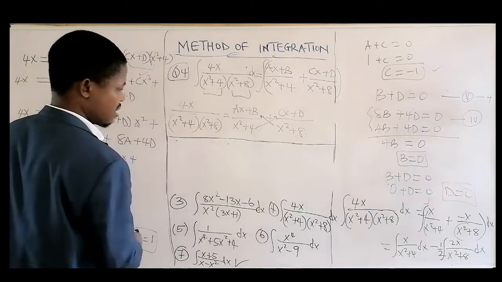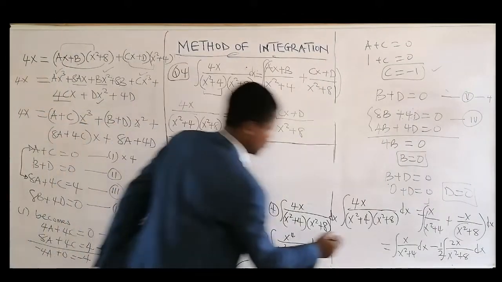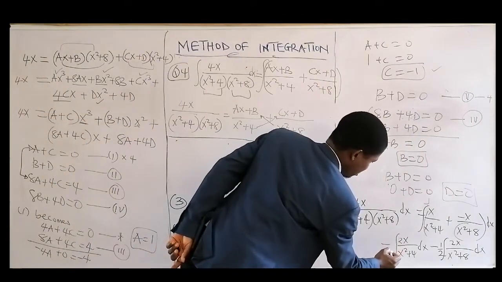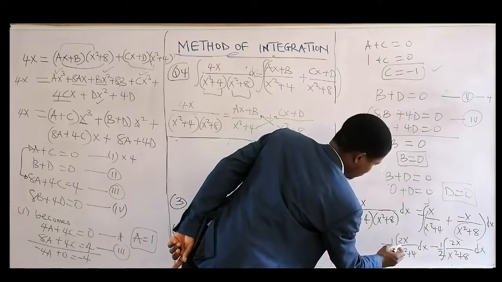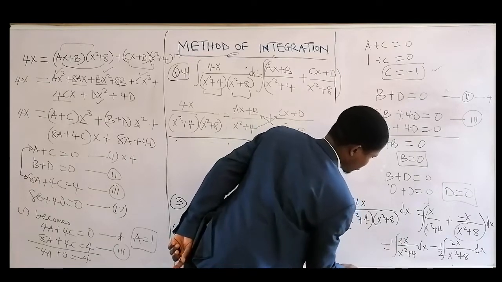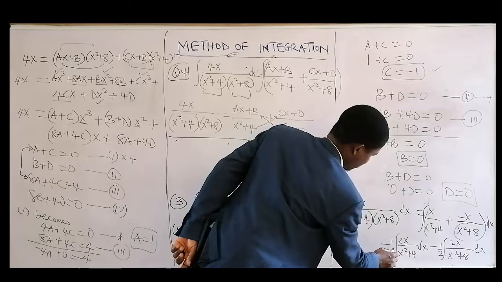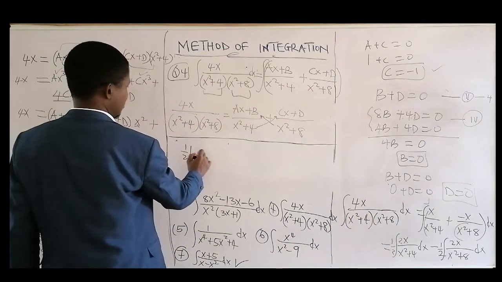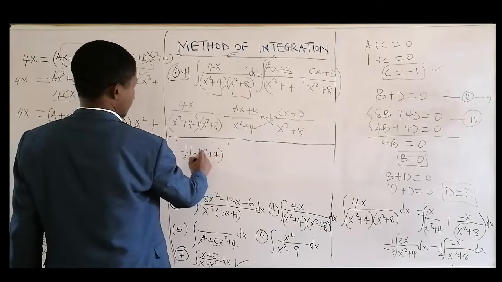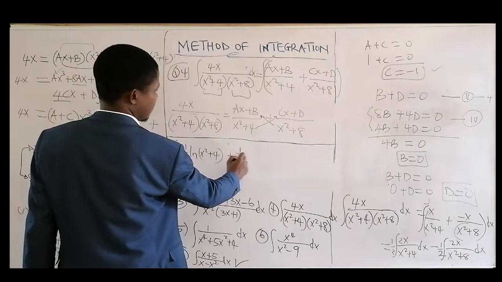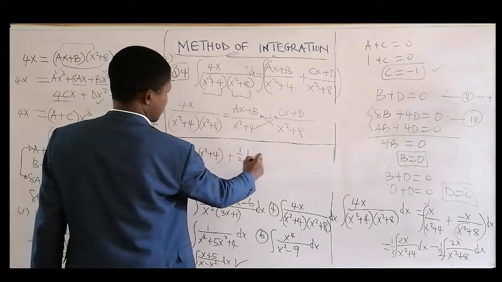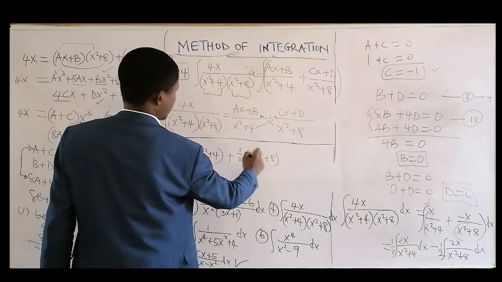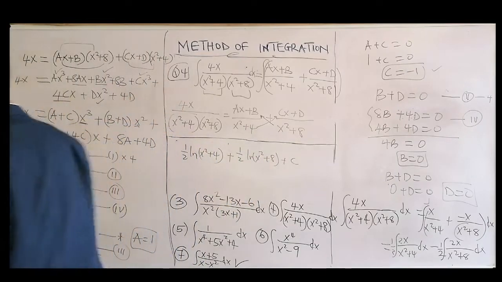So that gives me this one also. We can introduce 2 here and cancel this. That's 2x. Cancel this. So that's half ln of x squared plus 4, and then minus half ln of x squared plus 8, plus c.